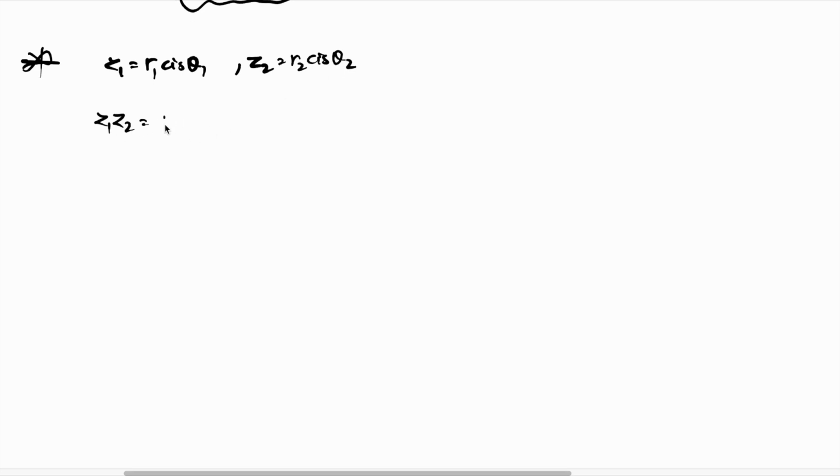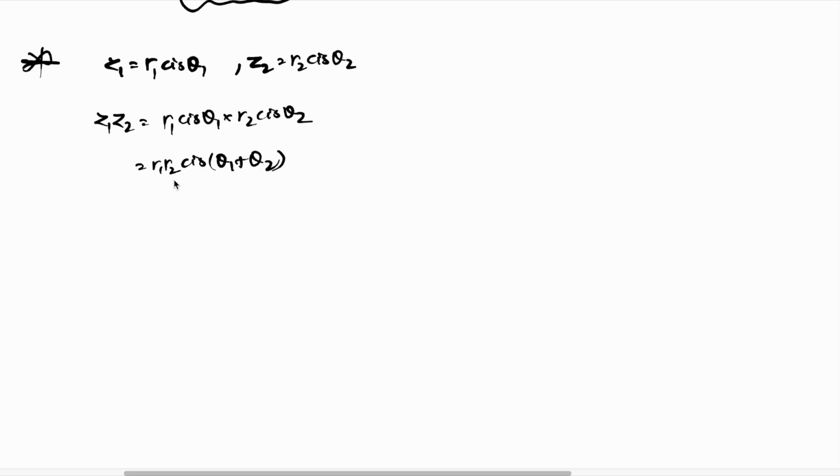So if I have two complex numbers, z1 is r1 cis theta 1 and z2 is equal to r2 cis theta 2, and I'm multiplying z1 with z2, I'll get r1 cis theta 1 into r2 cis theta 2, which gives me r1 into r2 cis theta 1 plus theta 2.